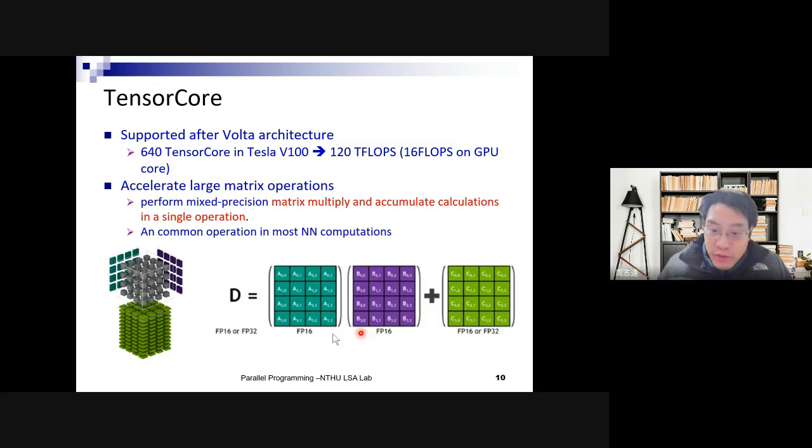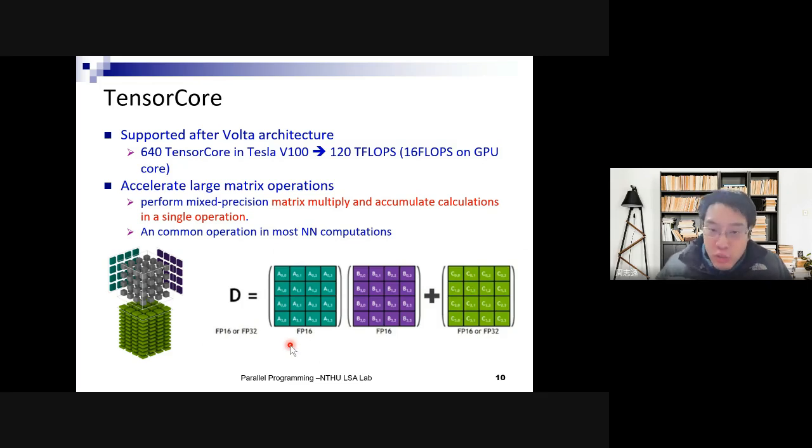So for the same operation, if you use GPU, you have to compute it one row or one column at a time. So this operation needs to be broken down into several GPU instructions. But with Tensor Core, no, this can be done in just a single instruction.